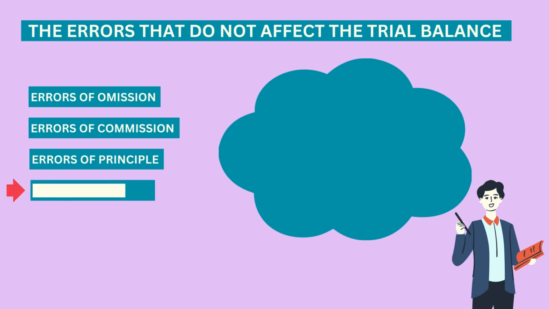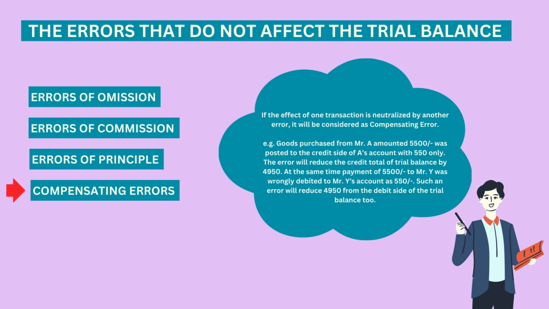Next, compensating errors. If the effect of one error is neutralized by another error, it will be considered a compensating error. Example, goods purchased from Mr. A amounting to rupees 5,500 was posted to the credit side of A's account with rupees 550 only.